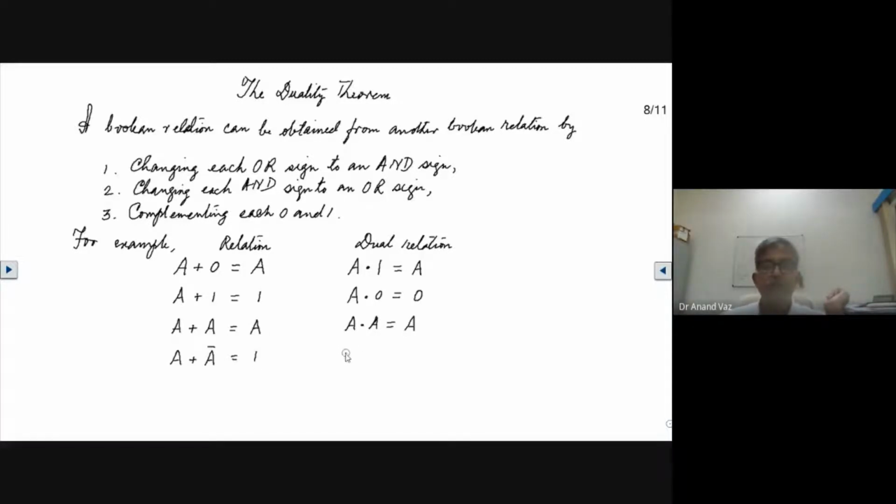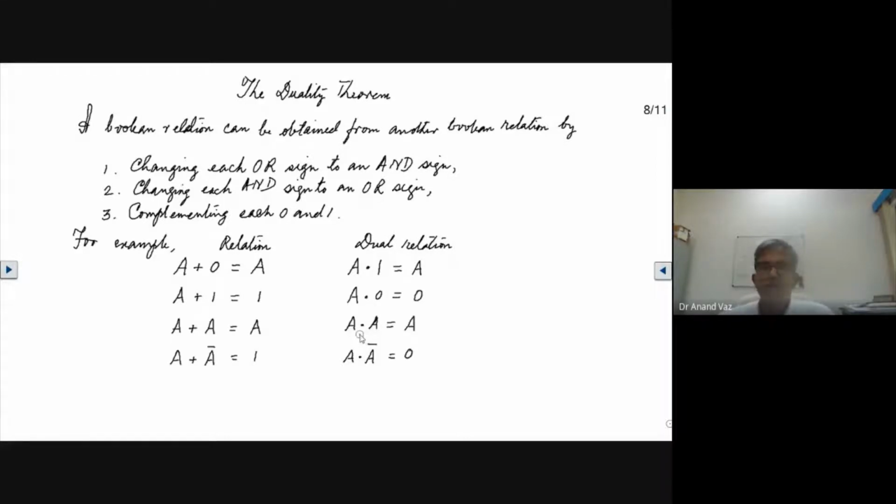If you apply the duality theorem to this, you get A and complement of A, changing 1 to 0. So you can check for yourself any Boolean relation, and you can apply the duality theorem to it and obtain another interesting dual relation which is always going to be valid.